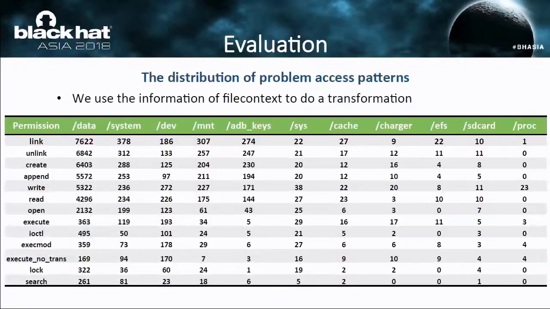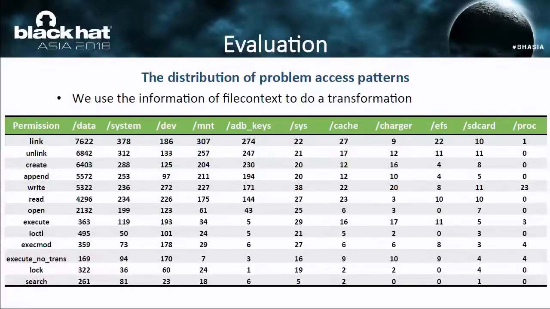After this, we also evaluate the vulnerable rules based on the problem access patterns. The problem access patterns are defined by the object and permission. We also transfer this object into a concrete type based on the file context information we acquire from the end users.